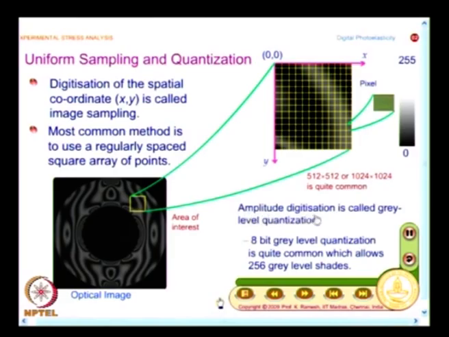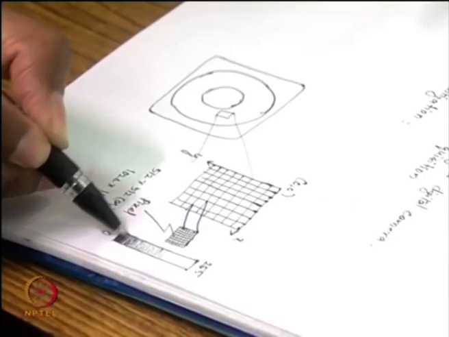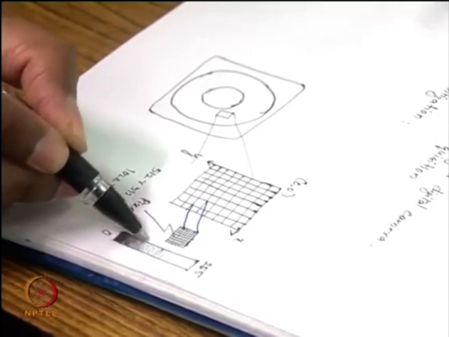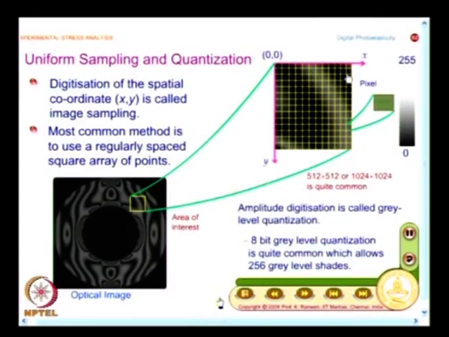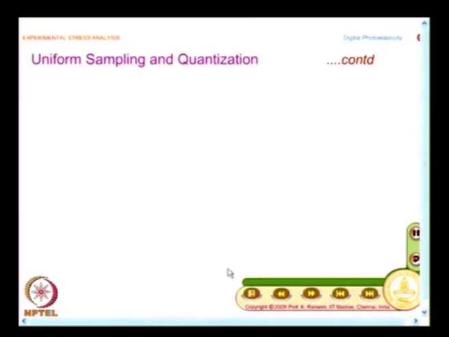So, the amplitude digitization is called gray level quantization. I will essentially have a number between 0 to 255 representing this image. That is what you have in the next slide.